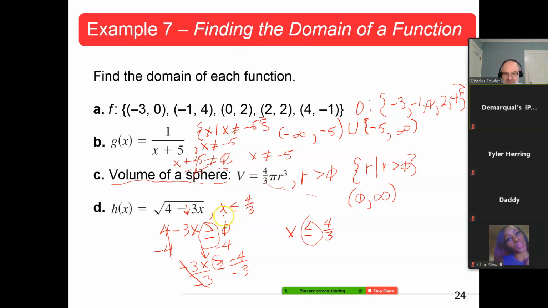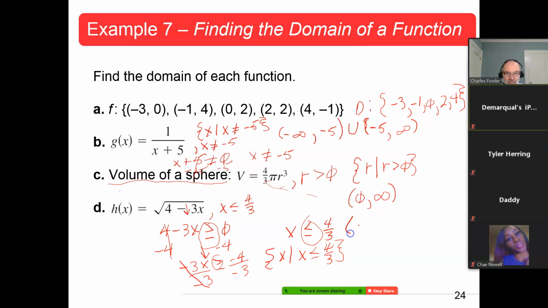Now let's do this in set notation. That would be pretty easy, because you basically take exactly what's here and say the set of all x's such that x is less than or equal to 4/3. That's just what it says. To me, that's even easier. In interval notation, if it's less than, x can be anything less than.